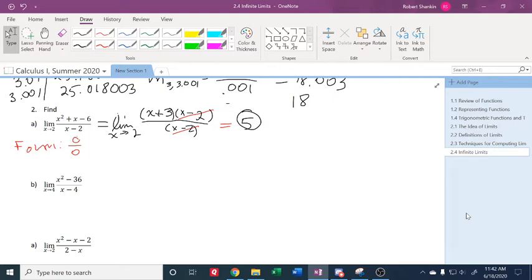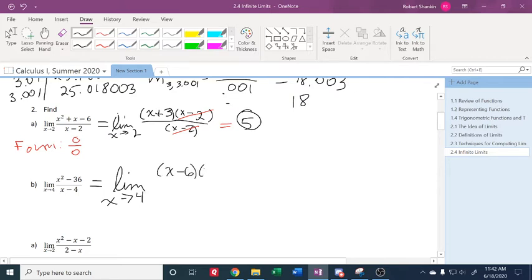Alright, so on 2B, a classic student mistake is to launch right into this: x plus 6 all over x minus 4, and then say, oh, nothing cancels, so I'm not sure what to do, and get disoriented.